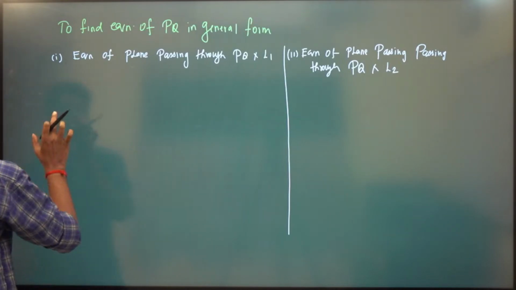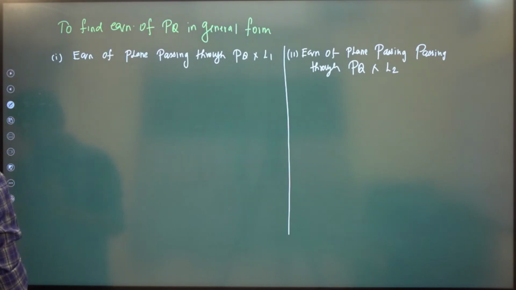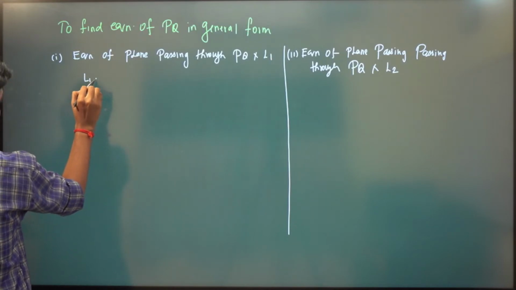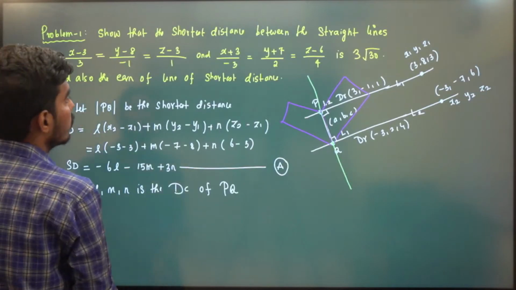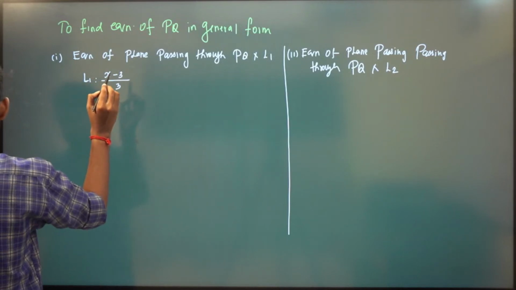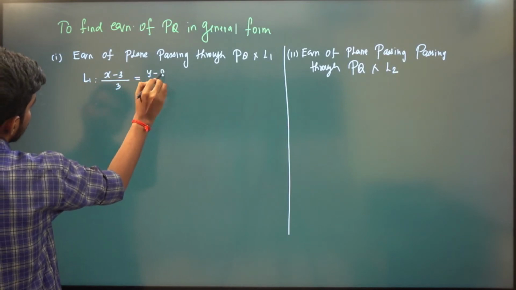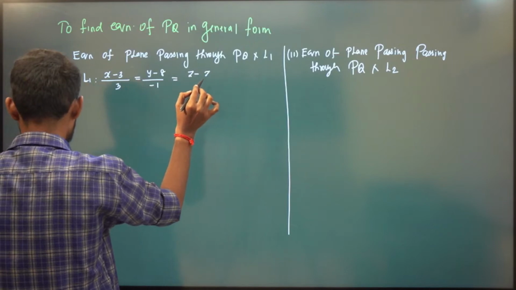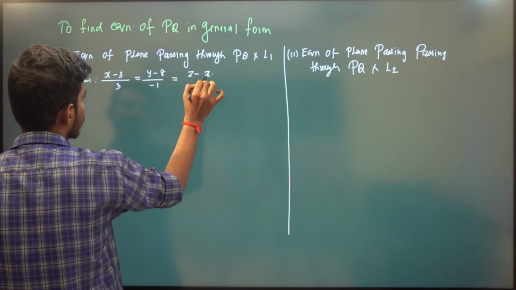What is L1? L1 is x minus 3 by 3, y minus 8 by minus 1, z minus 3 by 1.